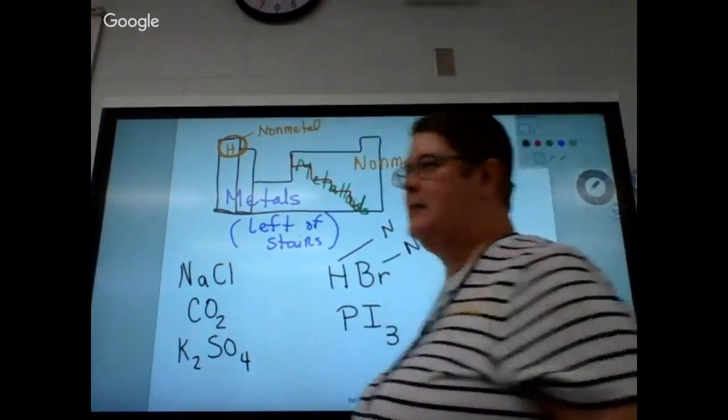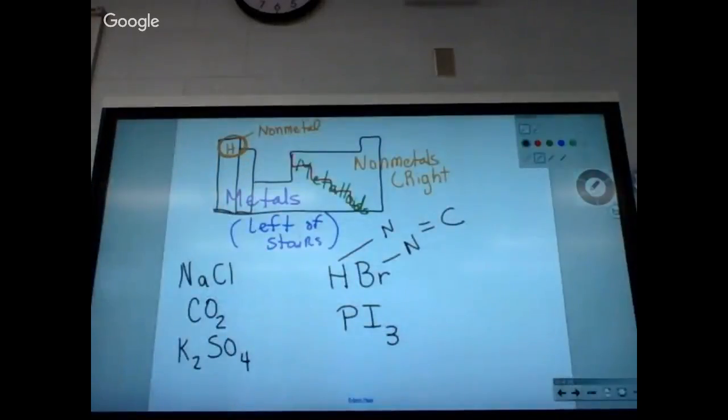It's really easy to look up here and go left side of the periodic table, right side of the periodic table, metal, non-metal, oh, that's ionic. But H is a non-metal though. That's your one exception. So non-metal with non-metal is covalent. And PI3 is covalent. Okay, so we're okay on all of those.